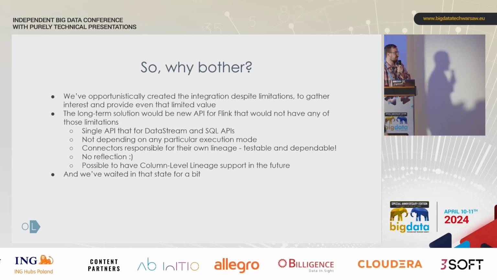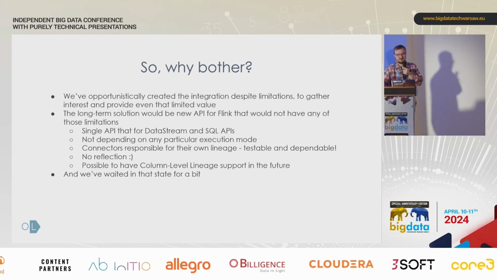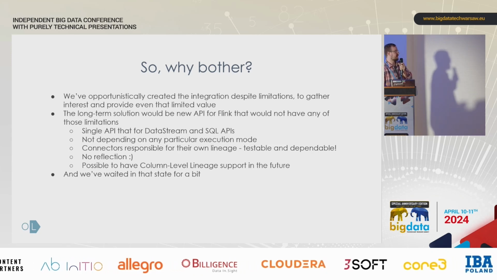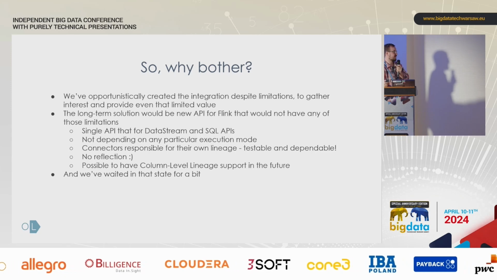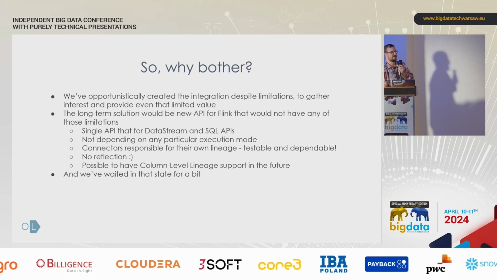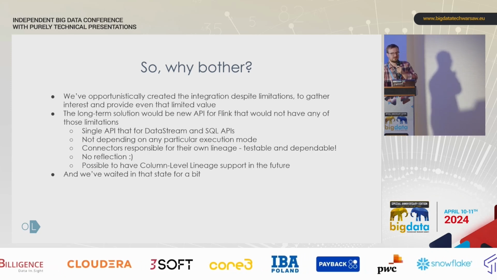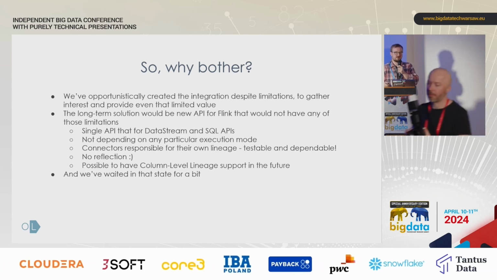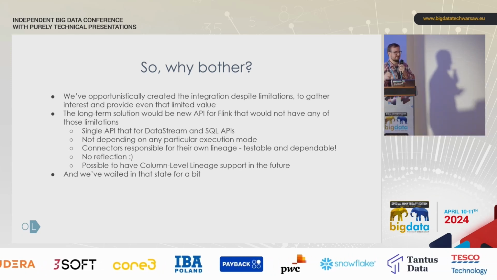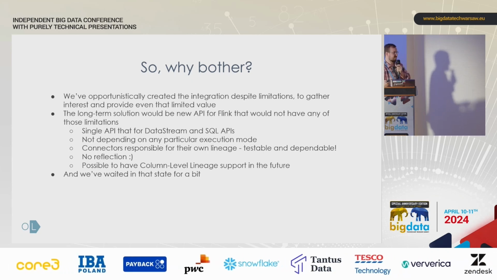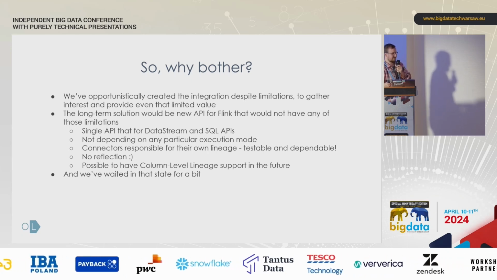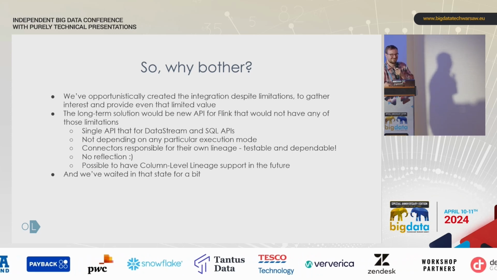And second, it provides some value for our users right now. The long-term solution would be to show this to the Flink community and say, hey, we can do something better. We can have an API, show what we've done with other integrations like Airflow and Spark, and then discuss the better solution with the community, because it's also an open source project. People usually are nice to each other there.